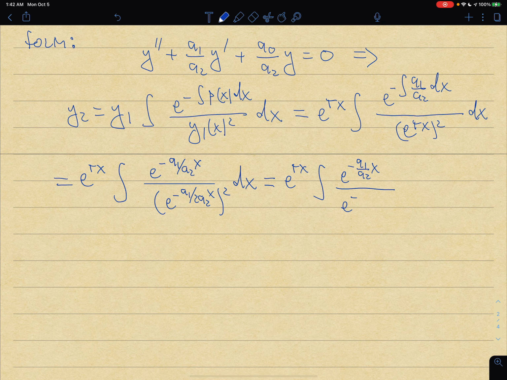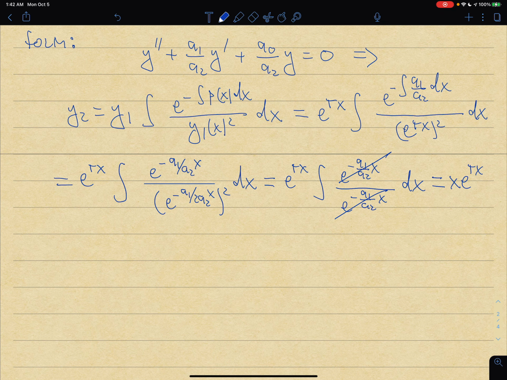So e to the minus a1 over a2 x again dx. But then the stuff on the top is the same as the stuff on the bottom, they cancel. Then the integral of dx is just x. So what I got is x e to the rx.